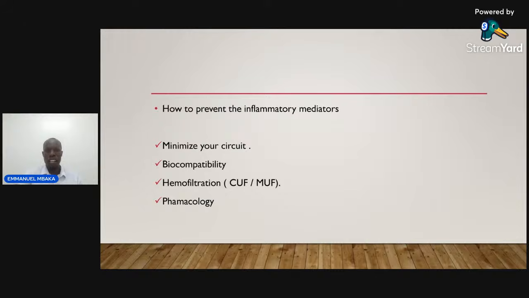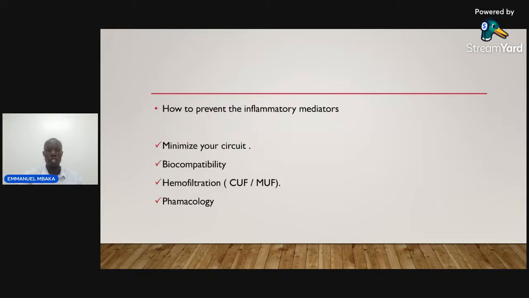So let's ask ourselves, how do you prevent the inflammatory mediators? There are ways we minimize and prevent inflammatory mediators. Number one is to minimize your circuit. You need to shorten your lines, use a low-prime oxygenator and reservoir, and use the smallest practical tubing.